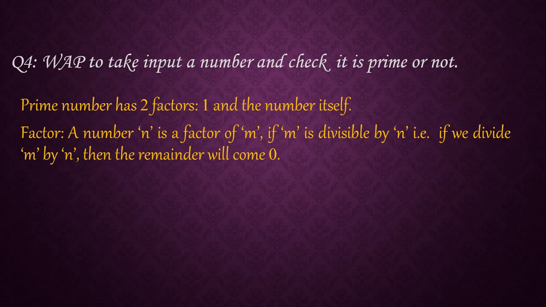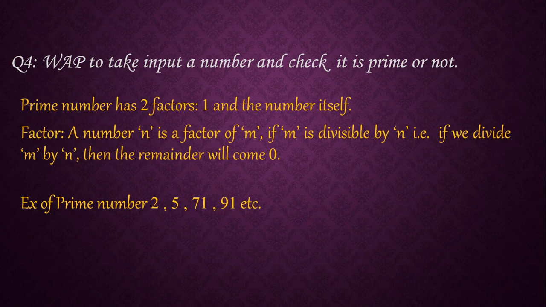That is, if I divide m by n and my remainder comes 0, then I can say that m is divisible by n, and hence n is a factor of m. For example, prime numbers 2, 5, 7 and 91, you will see that these numbers only have two factors, 1 and the number itself.